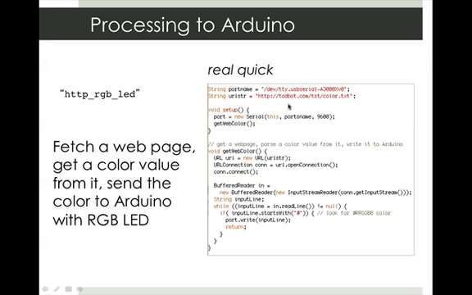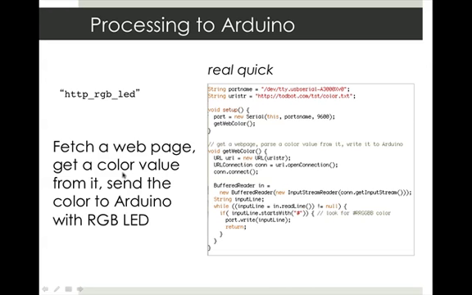The advantage of using processing here is that we are trying to read from a URL string. It contains a color text of three different color components, and once it reads the text, it parses through it, takes the color it wants to display, and then feeds it back into the Arduino.